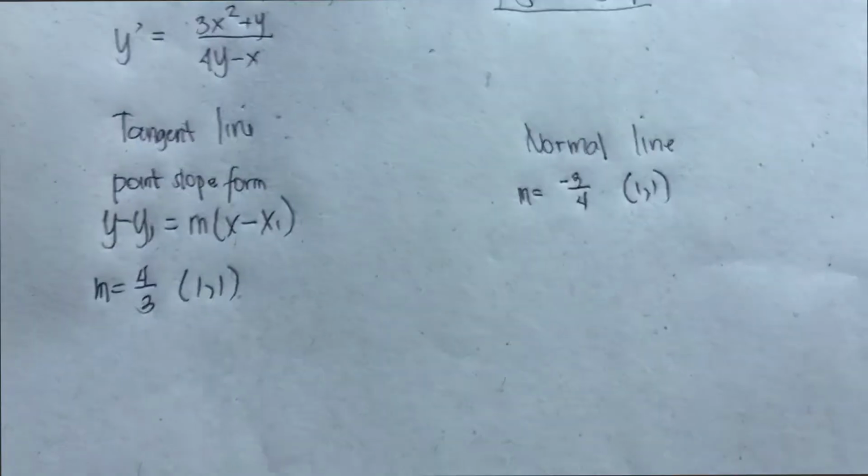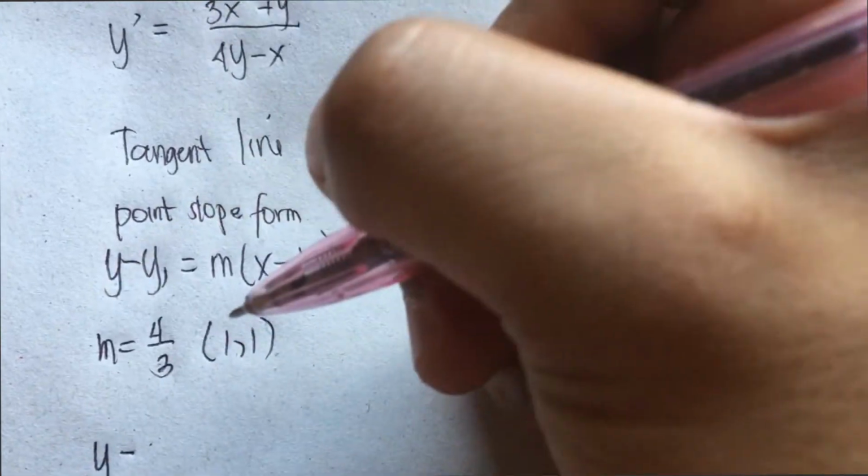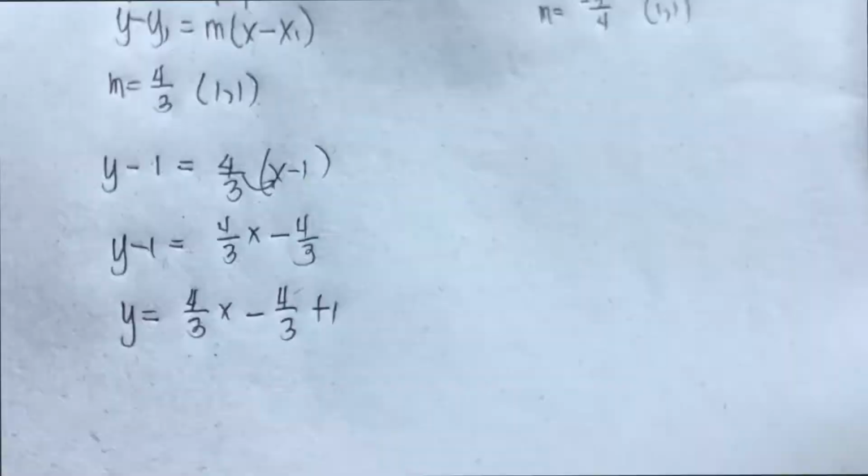Now, kompleto na, we can now find our equation of your tangent line. So, y minus y sub 1 is 1 is equal to, our slope is 4/3 times x minus 1. Distribute minus 4/3 plus 1.